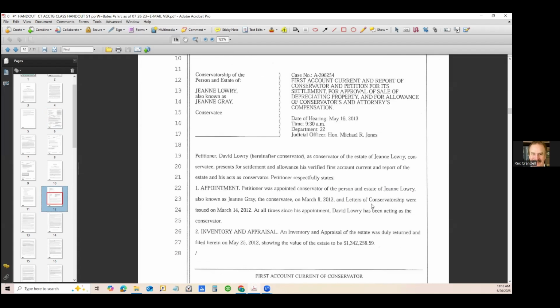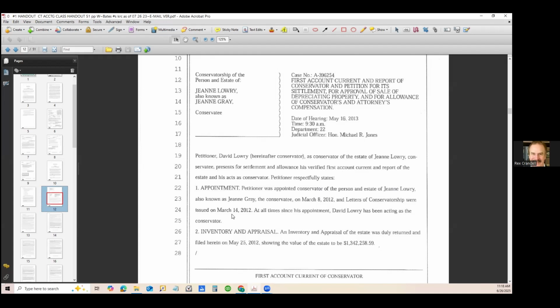And also letters were issued a different date. It could be because there was a bond. It could be because, I will tell you, Northern California, they still force you to have live signatures when you turn in letters. Down south, they allow DocuSign letters now, and they allow letters to be e-filed or submitted electronically.